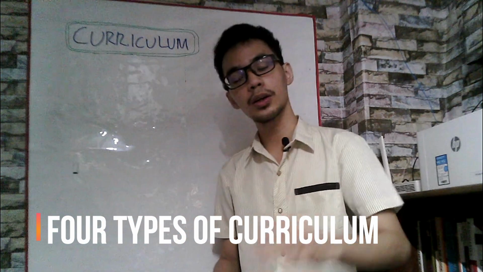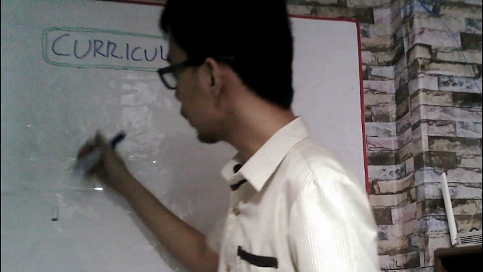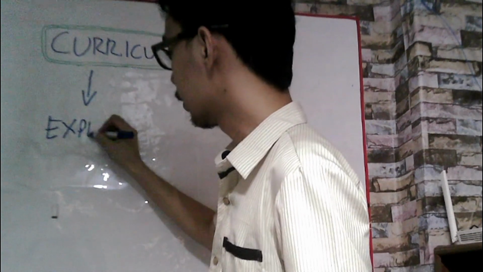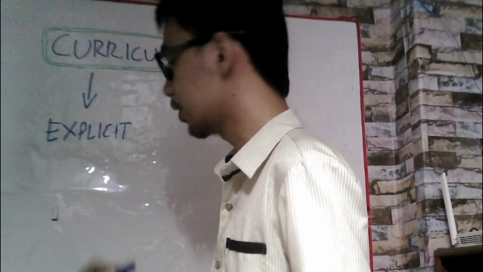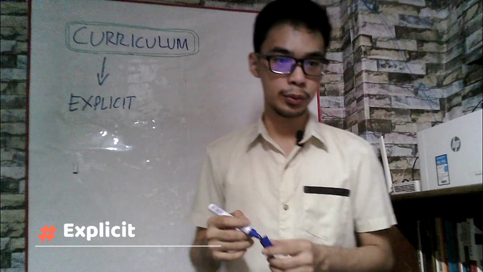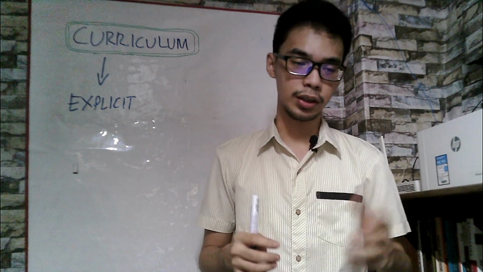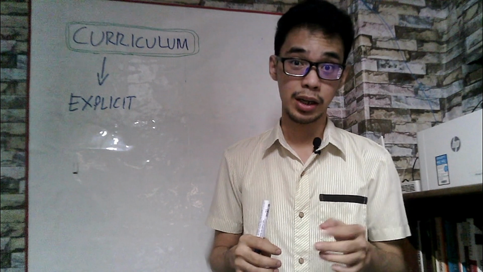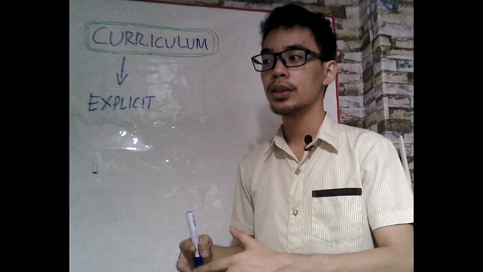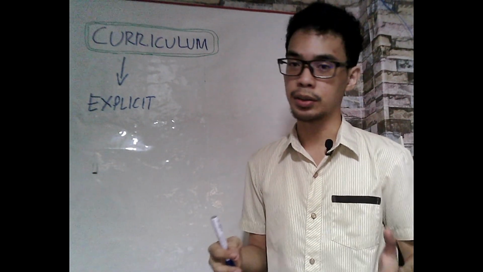All right, we're going to talk about the four types of curriculum today. So let's start off with the very common and mostly familiar among all of us, and that's the explicit curriculum. Explicit curriculum refers to something obvious because if you take a look at your dictionary right now and search for the meaning of explicit, you'll see something that's very apparent, something visible, or something that can be seen immediately.